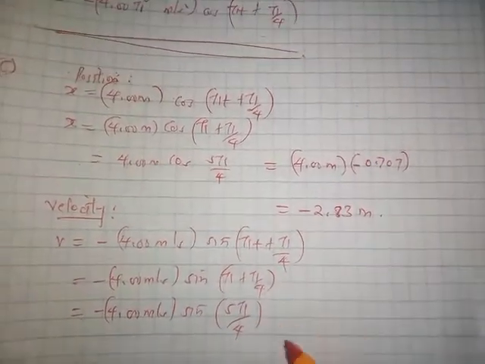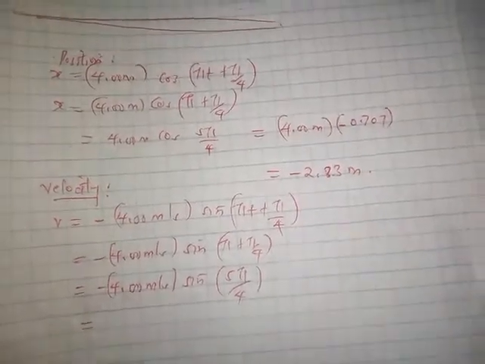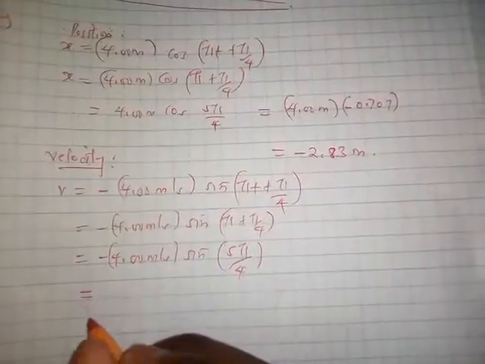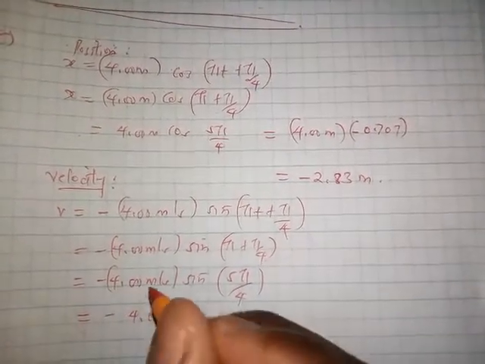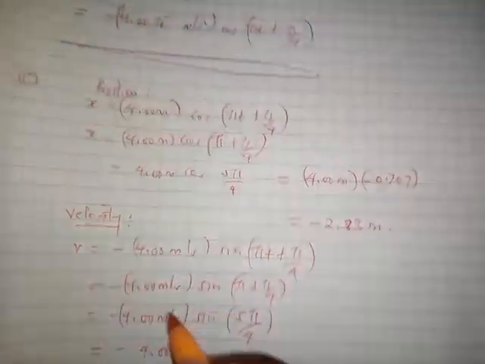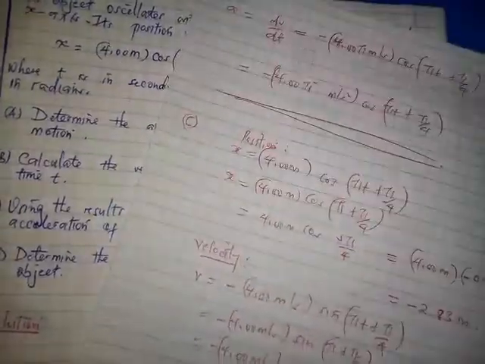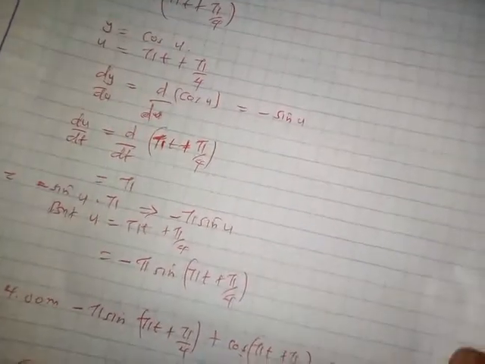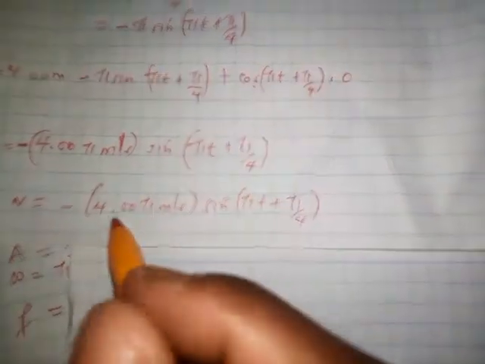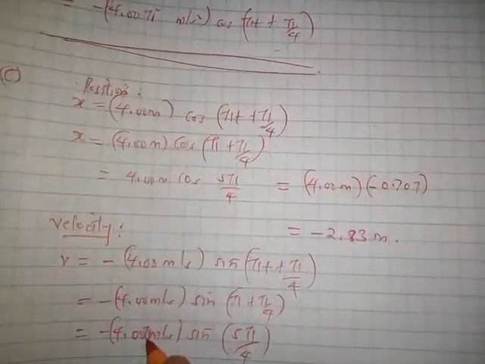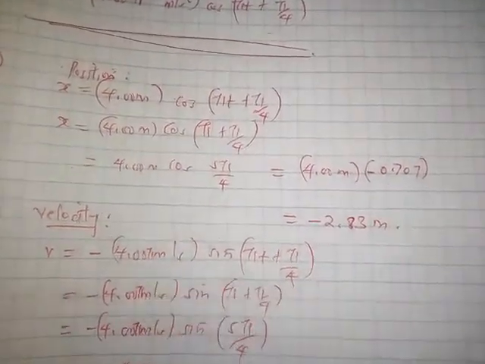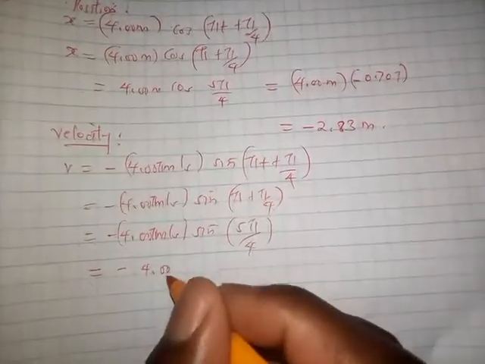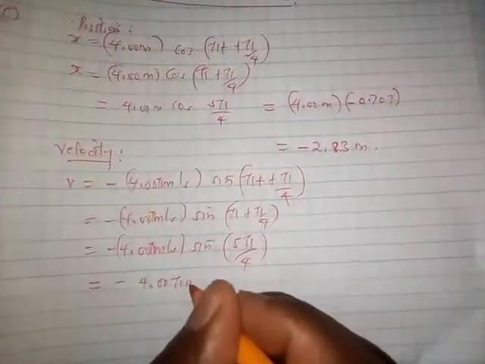This gives us negative 4.00, oh, here is pi. Sorry, it was pi. So 4.00 pi meters per second.